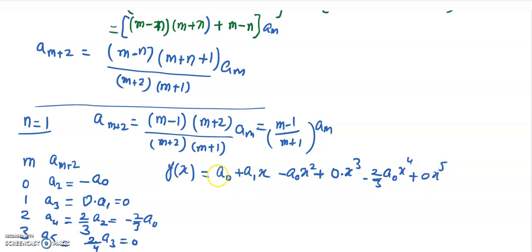So you can see that in this case only the 0th term, 2nd term, and the 4th power term, the even power terms, are present. For the odd power terms, only the first term is present.